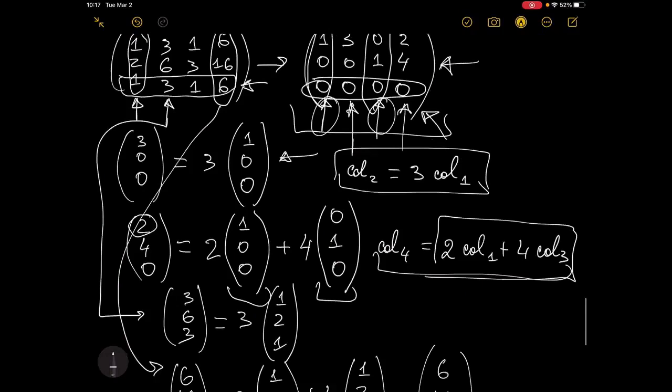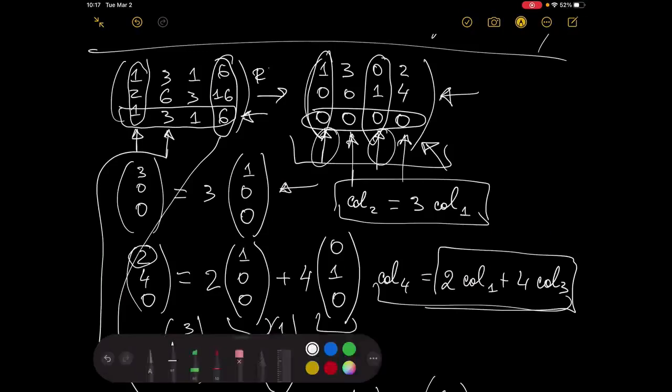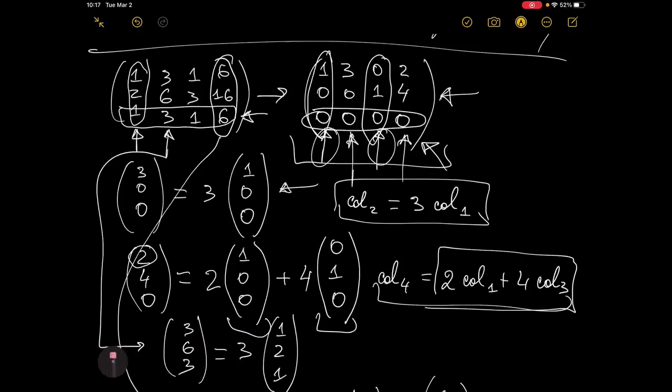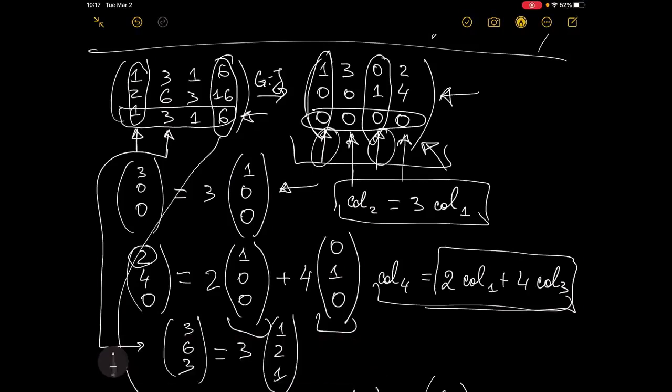So it is very useful, because what you can do is use Gauss-Jordan reduction to bring your matrix to the reduced row echelon form.